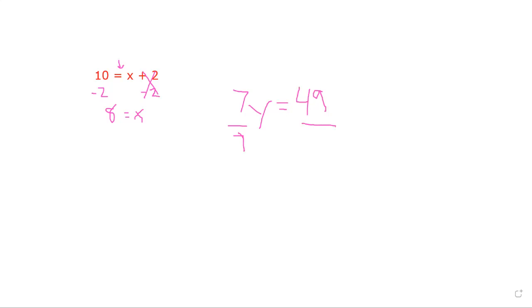But I have to do it on this side of the equal sign as well. So now 7 divided by 7 is 1. So I don't have to write it there. It's just there. And now I have y, so it's alone. And then how many times is 7 going into 49? And you could check your multiplication facts. It's an even answer. Y equals 7.